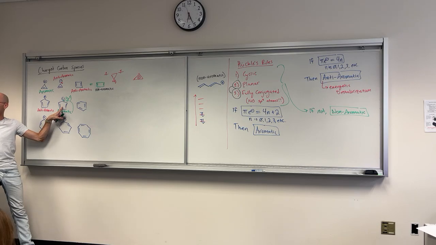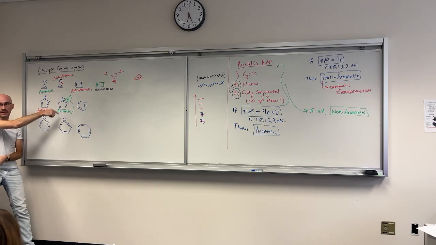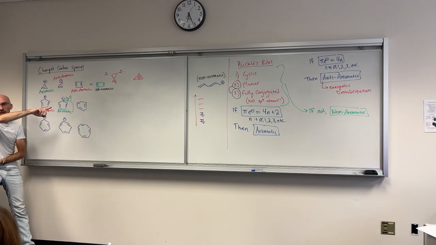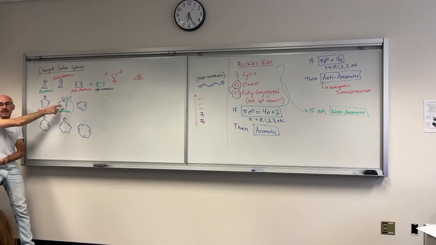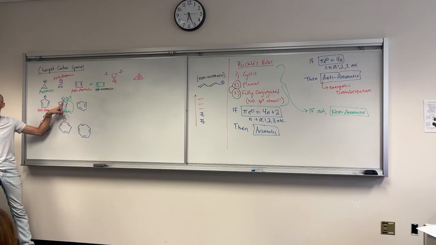Whereas being sp2 means every atom is sp2 hybridized, cyclic, planar, fully conjugated, 6 pi electrons, 2, 4, 6. If and only if this carbon doesn't become sp3 hybridized. If and only if this carbon breaks all of our rules.